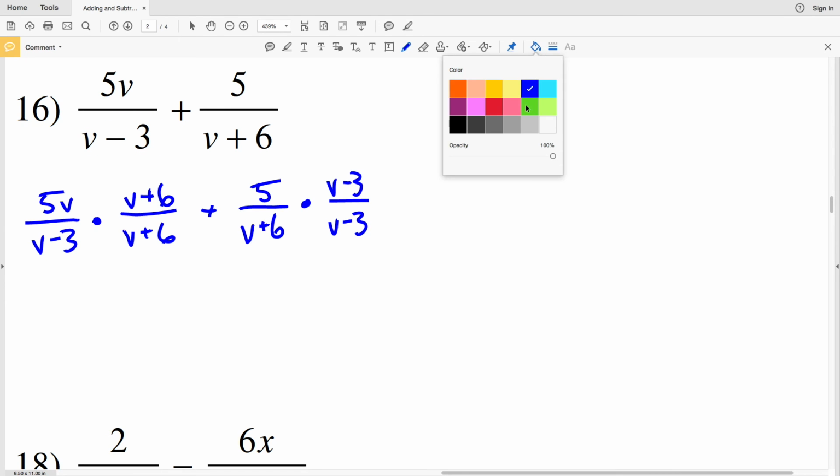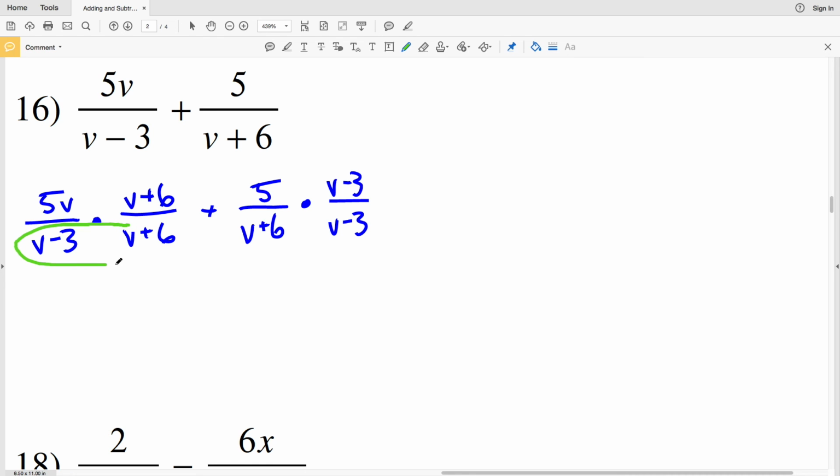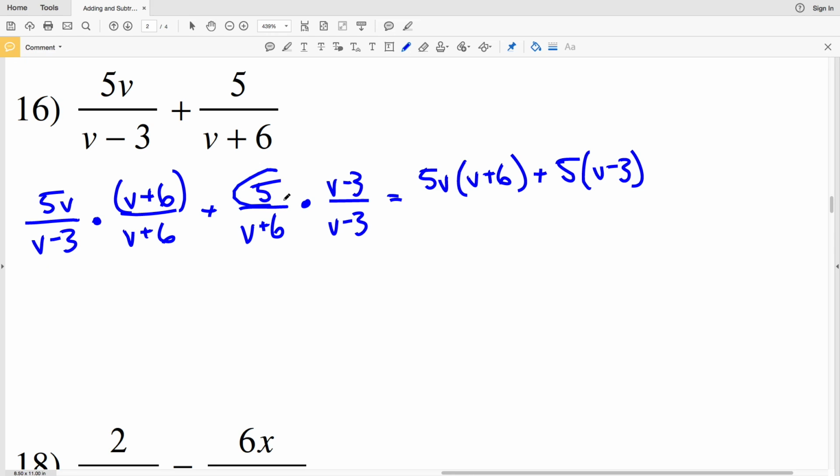So you can see that in my denominator, v minus 3 times v plus 6 is equivalent to v plus 6 times v minus 3. So I'll have 5v times the quantity v plus 6 plus 5 times the quantity v minus 3, and that's all over v plus 6 times v minus 3.